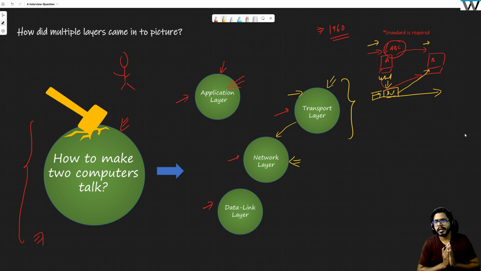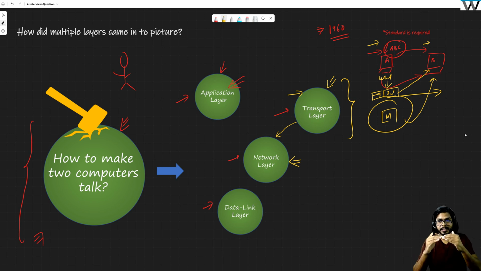It doesn't take care about the application or anything. Whatever message it is getting, no matter where the receiver is, in the same network or in a different network, the responsibility of the network layer is that it is going to deliver this message to this host B, right? But it is not the responsibility of the network layer to deliver this message to an application, right? Because that responsibility belongs to the transport layer, right?